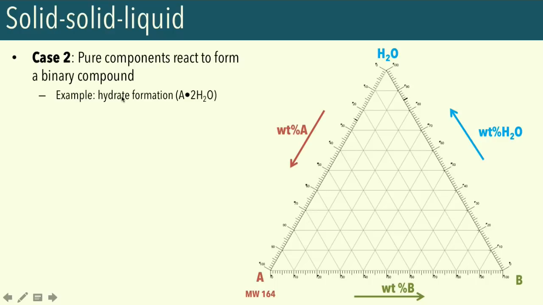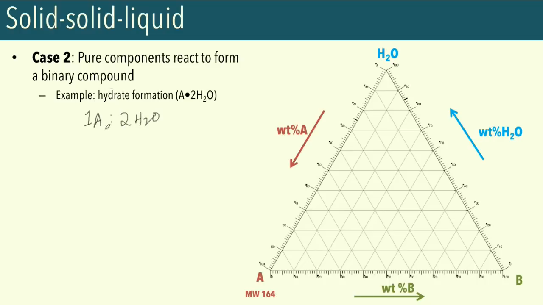Also in our phase diagram, let's plot our composition in terms of weight percents. Before we begin, let's consider where we could plot the hydrate composition over here. Overall we know that for every mole of A, we have 2 moles of water in our hydrate.